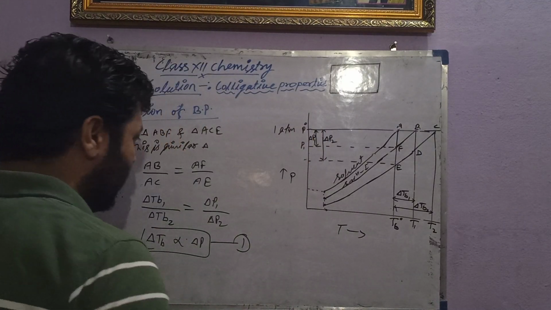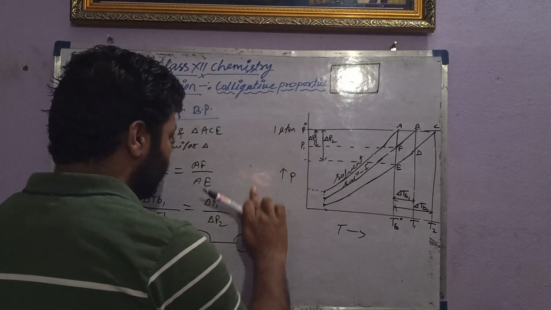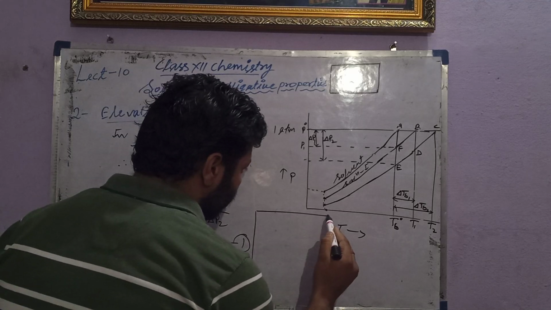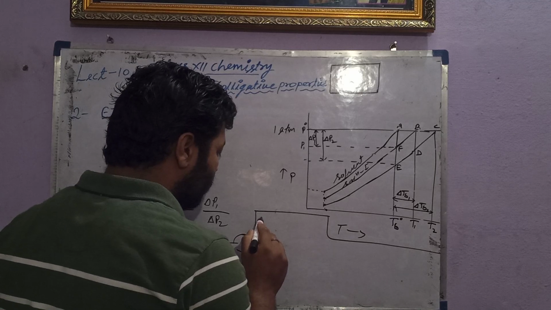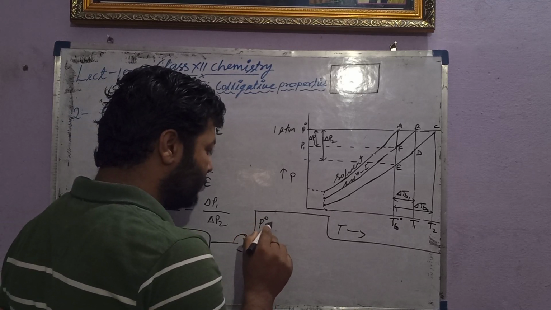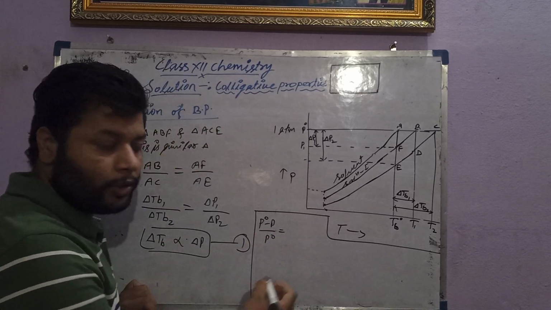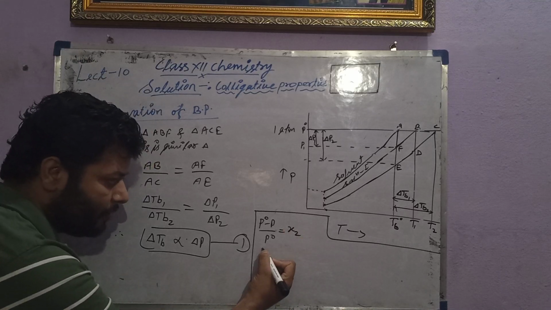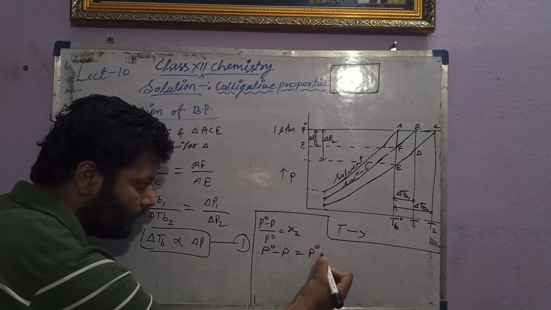From Raoult's law we know that P naught minus P means relative lowering of vapor pressure. P naught minus P upon P naught equals X2. This can be written as P naught minus P equals P naught into X2.